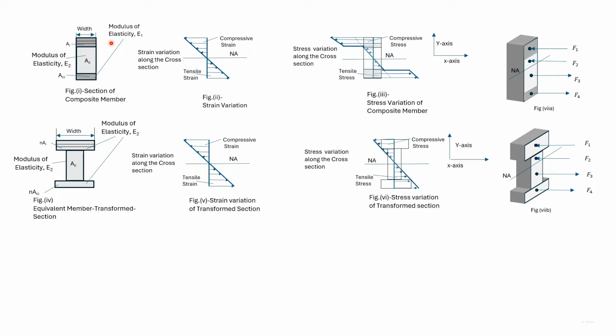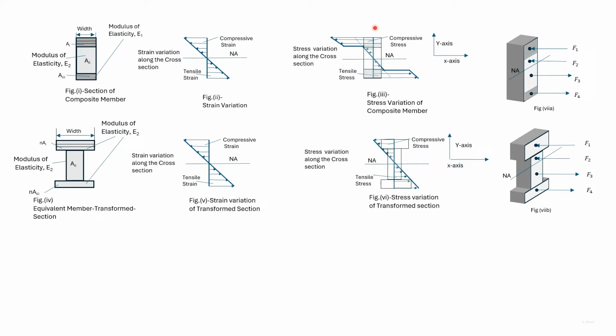Consider now larger areas such as A1, A2, and A3. Let the average stress acting on A1 in the composite member be sigma 1 dash. So the average of these two stresses is sigma 1 dash.